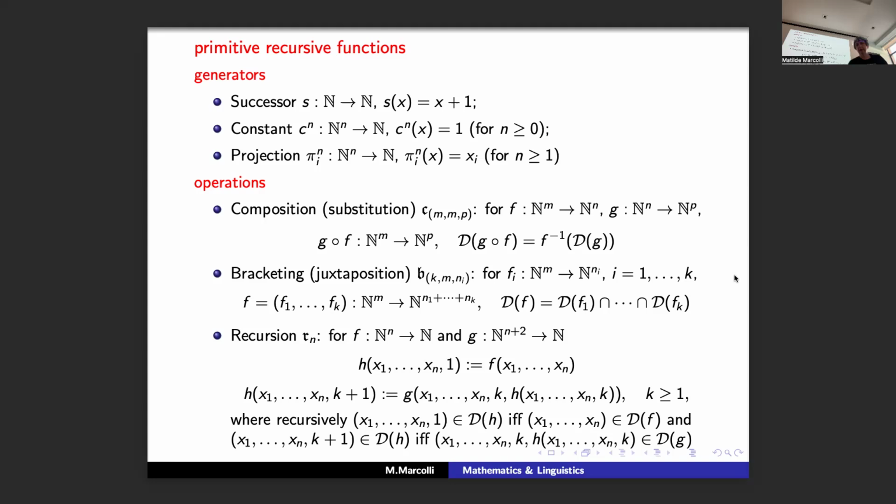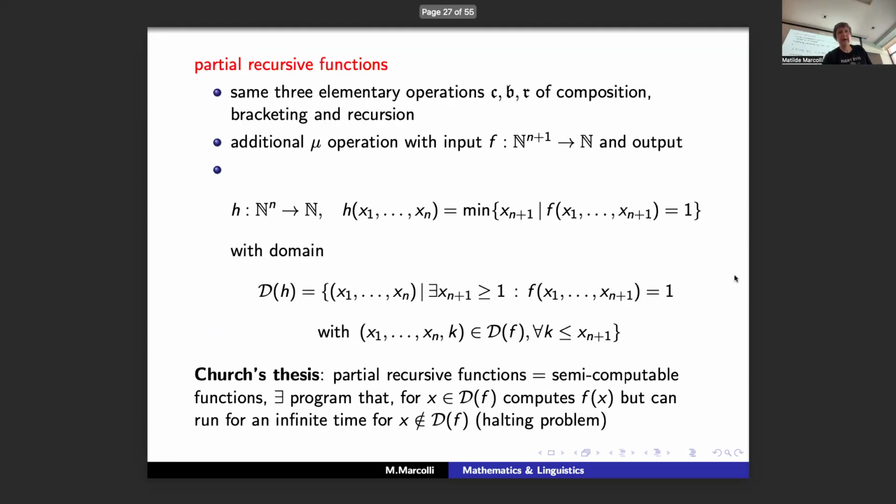And there's a further extension of this class, which are called partial recursive functions. You also include an additional operation, which is like a minimization function. The difference between these and the total recursive functions is that these are defined on some domain.